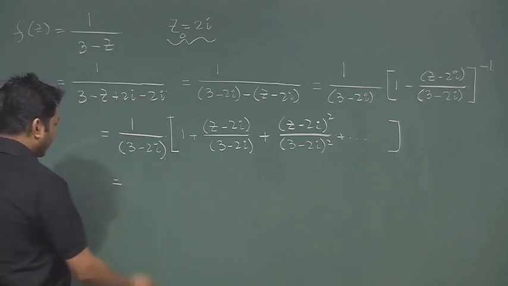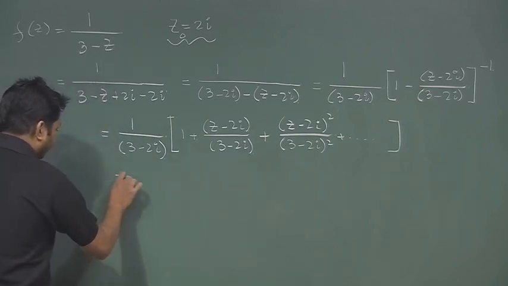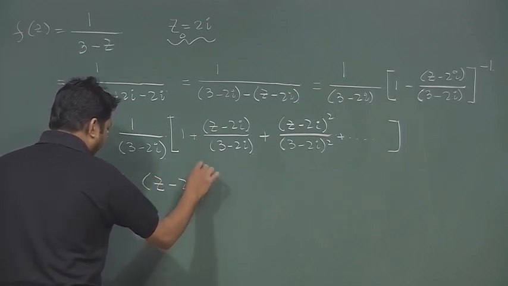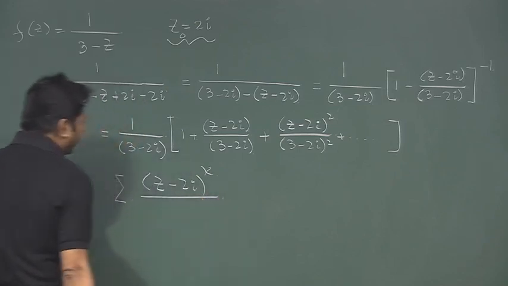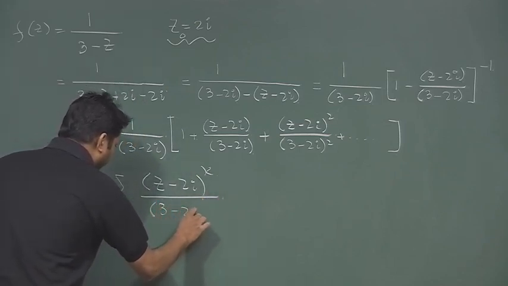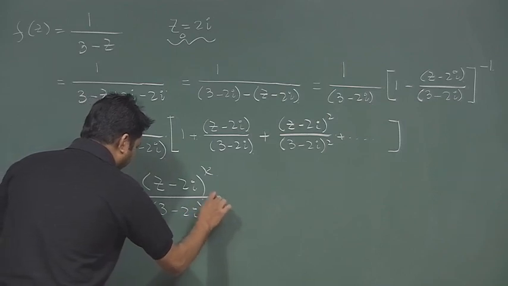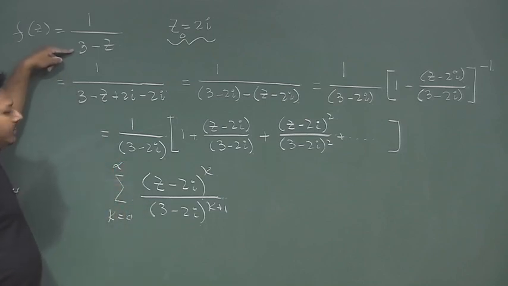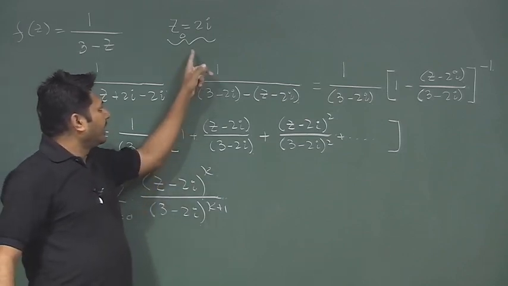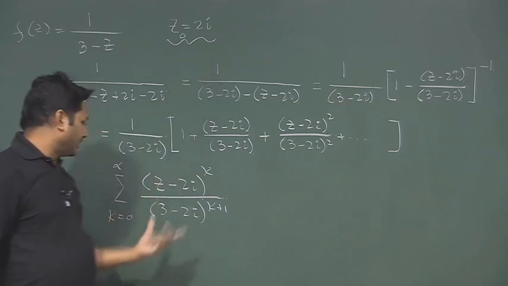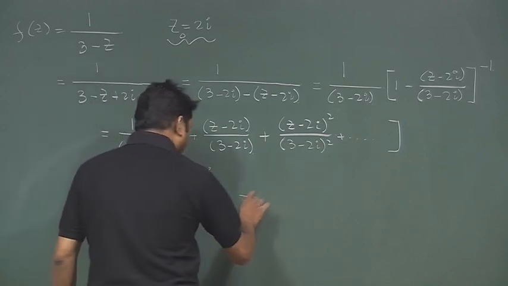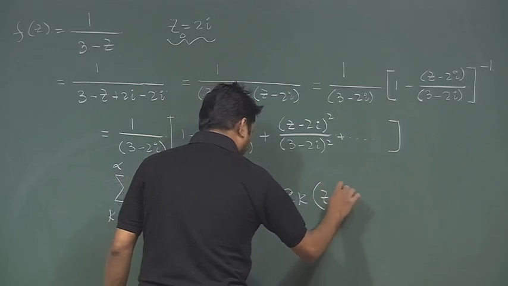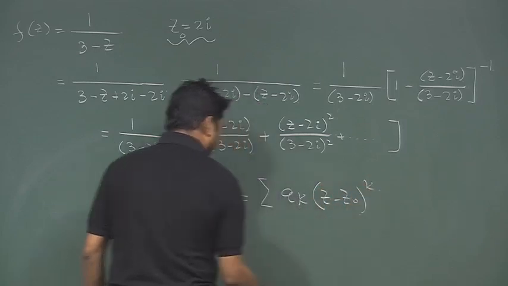In summation form, I will simply have (z minus 2i) to the power k divided by (3 minus 2i) to the power k plus 1. This is the series I have for this given function when expanding at z0 equal to 2i. It is equivalent to our old power series, a_k times (z minus z0) to the power k.